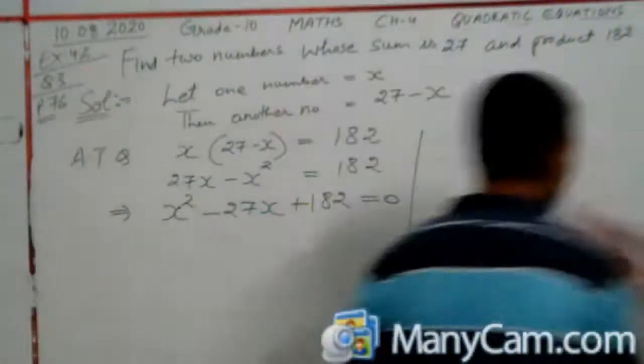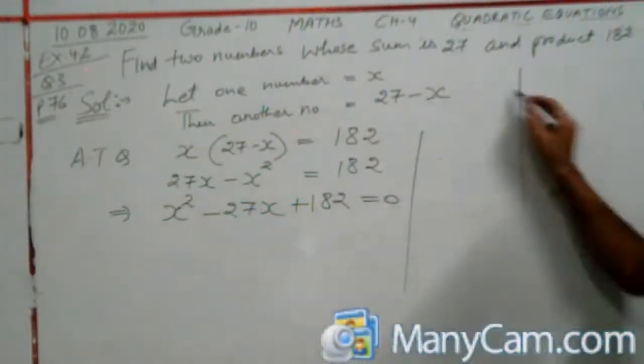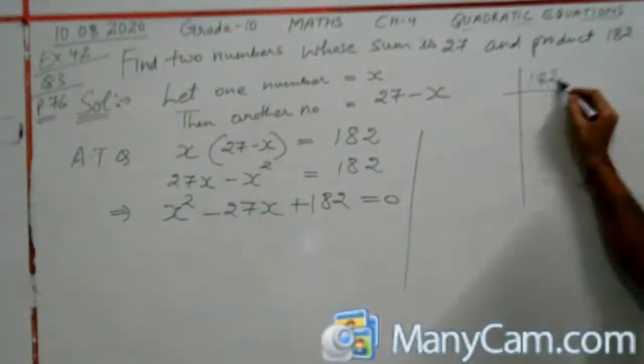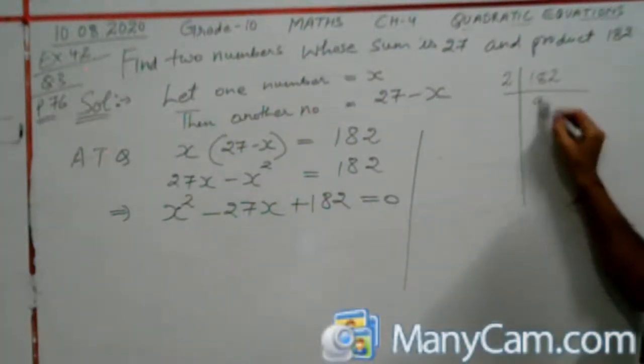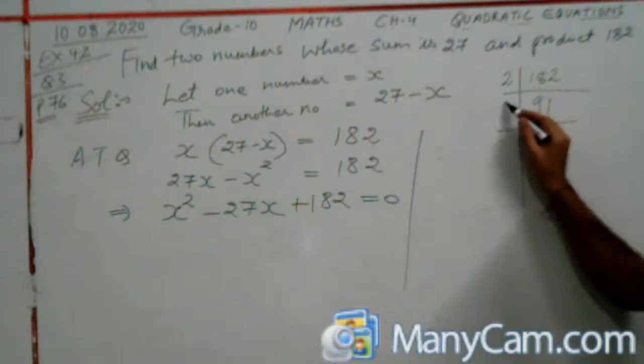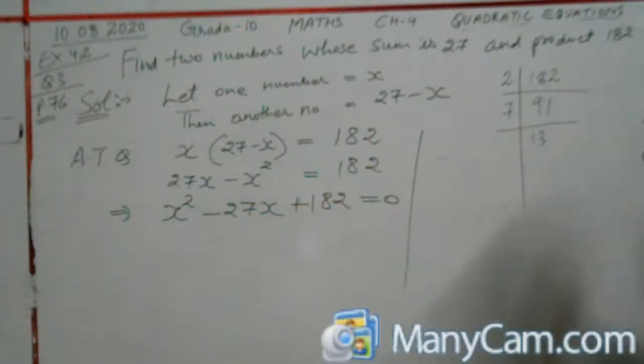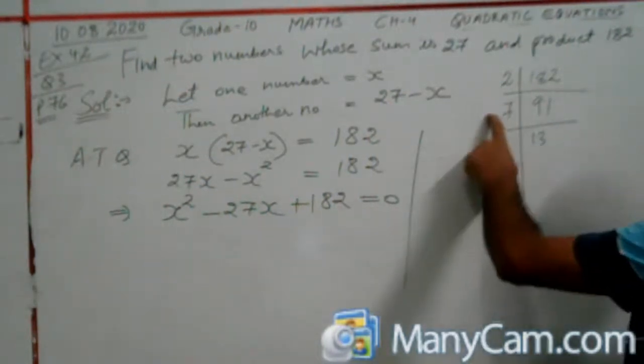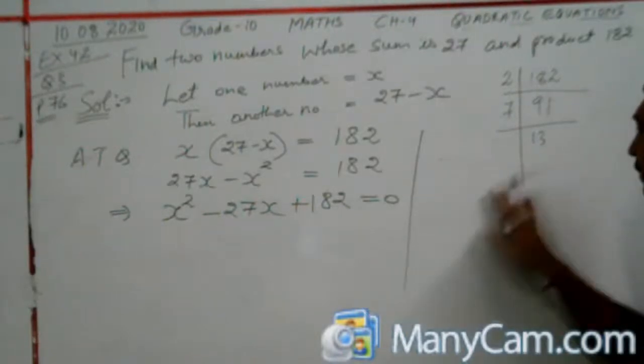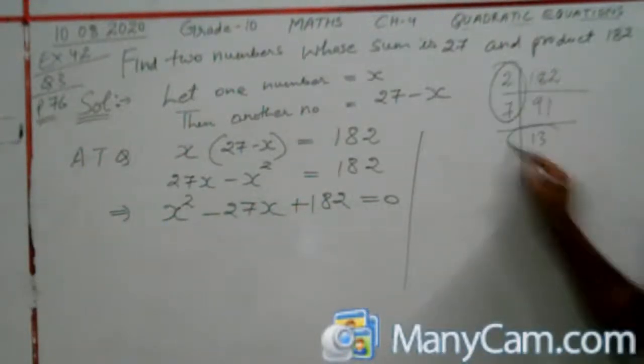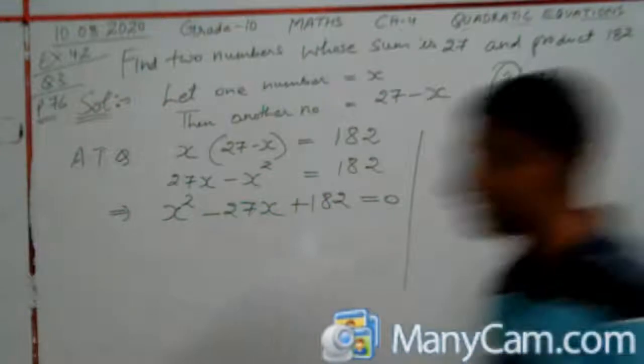Here 182, when we go for factorization, is 91 times 2, and 91 is 7 times 13; these are prime numbers. So for 27, we take 14 and 13.